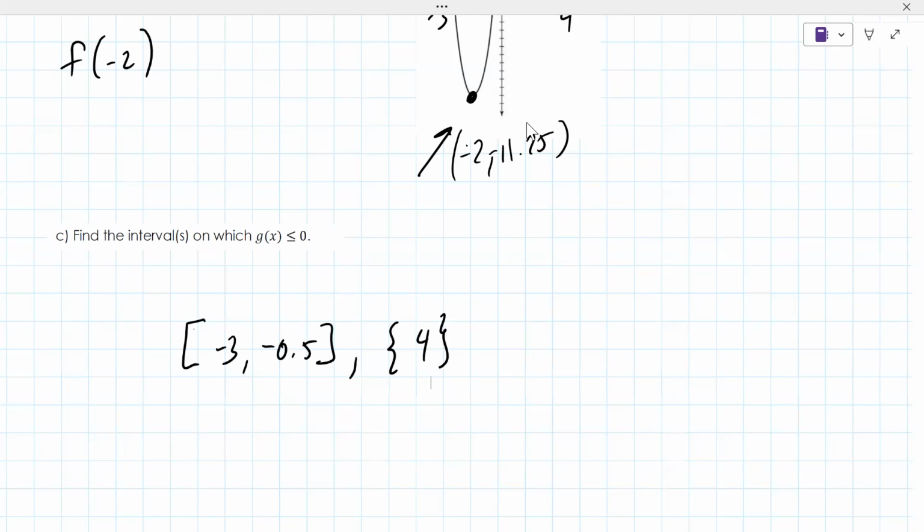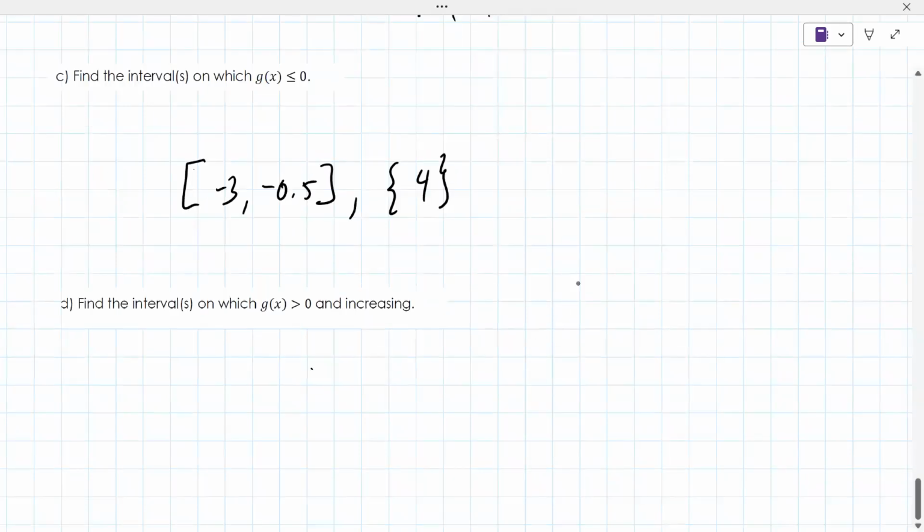And then where g of x is greater than 0, it'd be -0.5 to 4, including -0.5, and then 4 to positive infinity.